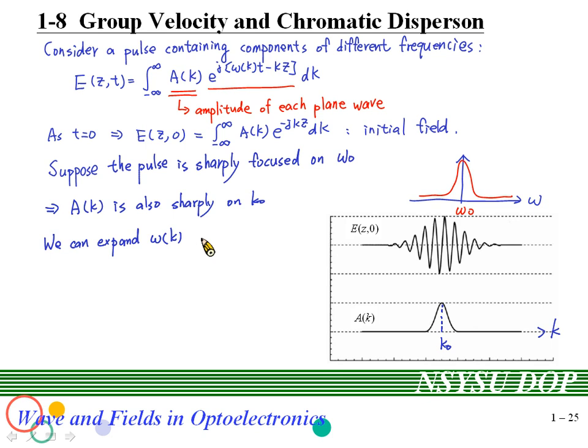We expand omega of k around omega 0, because it is sharply focused at omega 0, in the following way.